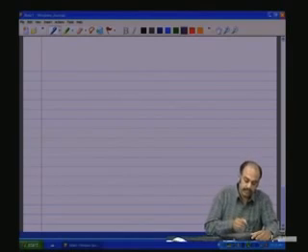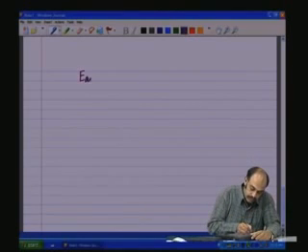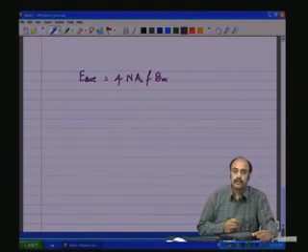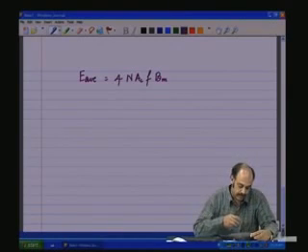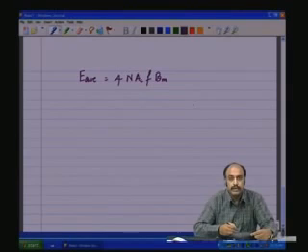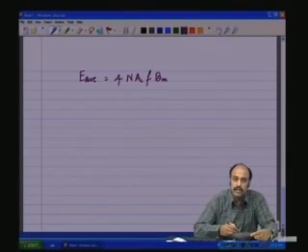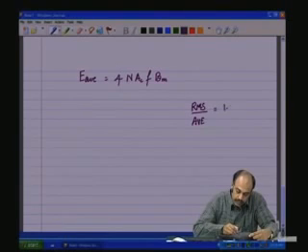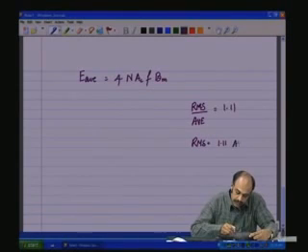We would like to express everything in terms of the effective value or the RMS value in sinusoidal analysis. Therefore, we use the relationship that we obtained a few classes ago when dealing with sinusoidal waveforms. The RMS value divided by the average value is 1.11, and therefore the RMS value is equal to 1.11 into the average value.